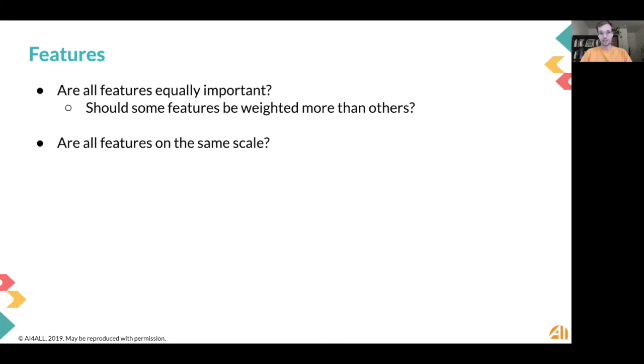And unfortunately, as with supervised learning, feature selection, picking exactly what that space ought to be, is one of the most important parts of running an unsupervised learning algorithm. So for instance, we may want certain features to be weighted more heavily than others. We may need to scale some features that are on different scales than others so that they don't dominate distances.